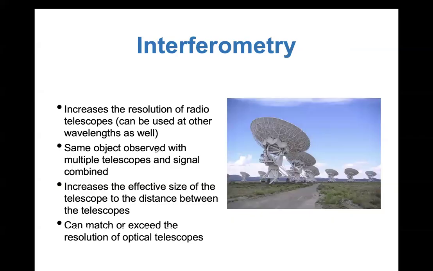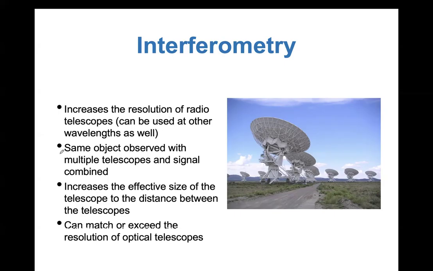Okay. But instead of having one really big dish, we can increase the resolution, which is proportional to the area, or increase the radio wave gathering power proportional to the area squared by having many dishes working together.